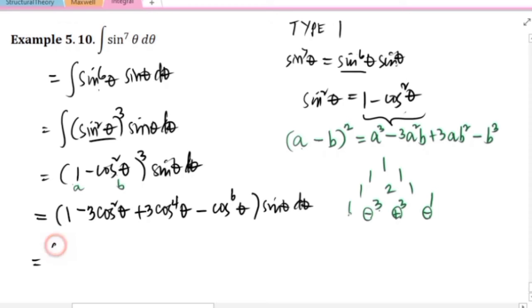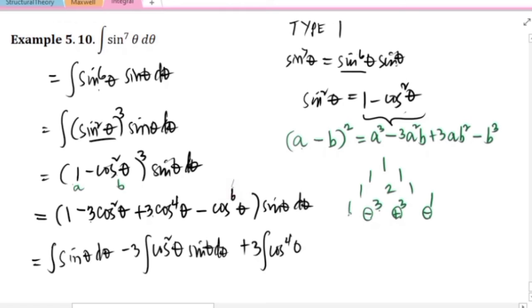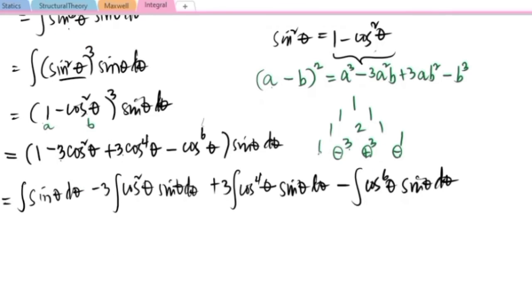So by distribution, we would have the integral of sine theta d theta minus, ilabas natin si 3, integral of cosine squared theta sine theta d theta plus, ilabas natin si 3, cosine to the fourth theta multiplied by sine theta d theta minus this term, it's integral of cosine to the sixth theta sine theta d theta.